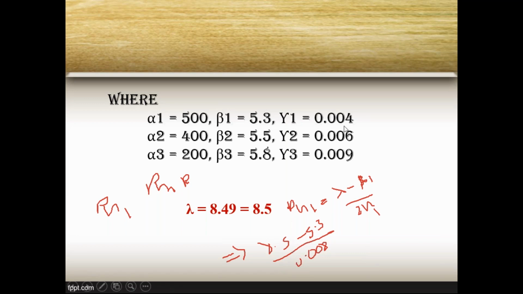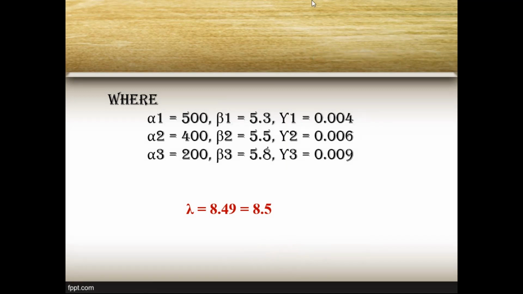Then find the total cost. See, after we have the Pg1 value 400, Pg2 250, and Pg3 150, substitute these Pg1, Pg2, Pg3 values in the cost equation 1, that is 500 plus 5.3 into Pg1.